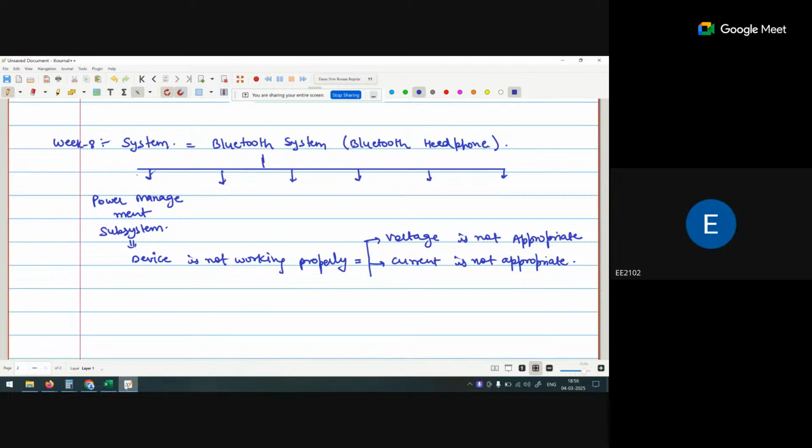Any idea why this is going on? Why does it discharge faster? Any idea? No?